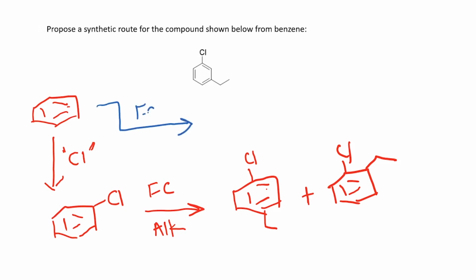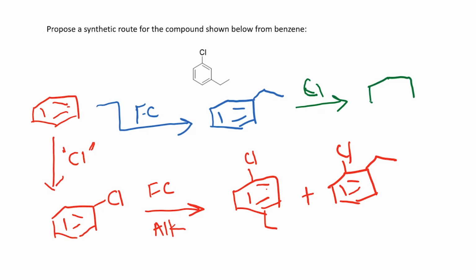So FC alkylation, that's going to give you ethyl benzene, right? And then we next do the chlorination. And this is actually again an ortho-para directing group. And so you're going to end up with the same mixture as shown here, plus the ortho compound. Alright, so clearly neither of these strategies is going to work.